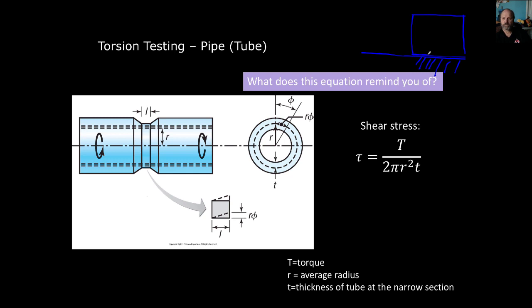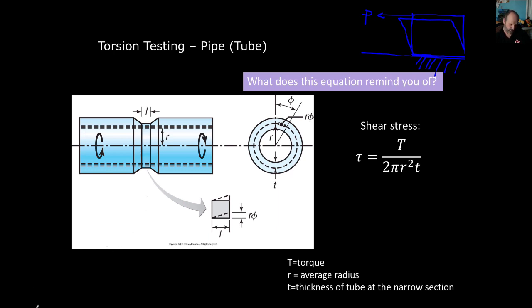So this surface doesn't move. I glued it to the table. And then I pull on the top of this with some force or some load, right?